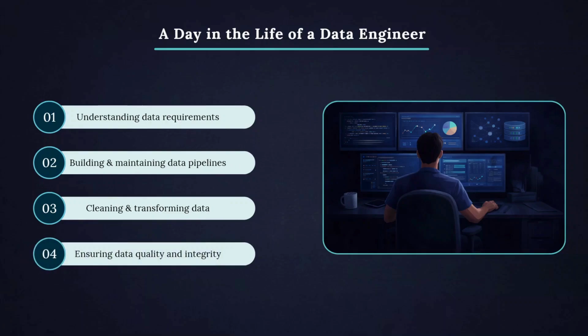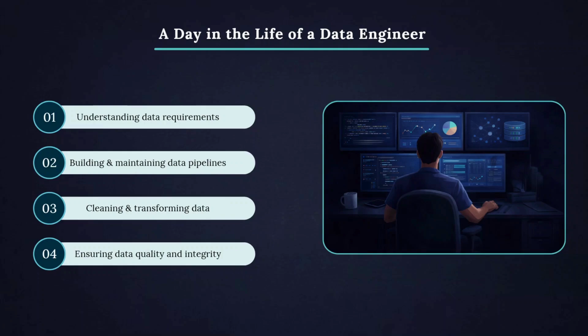Another critical part of the role is ensuring data quality and integrity. That means checking for data issues, fixing broken data, and making sure people can trust the numbers they see. This is what a data engineer typically works on day to day at a high level.